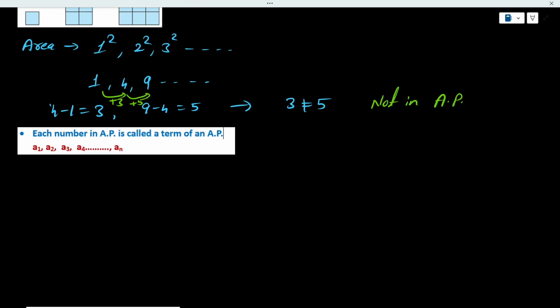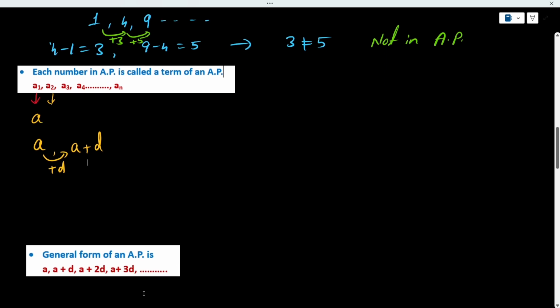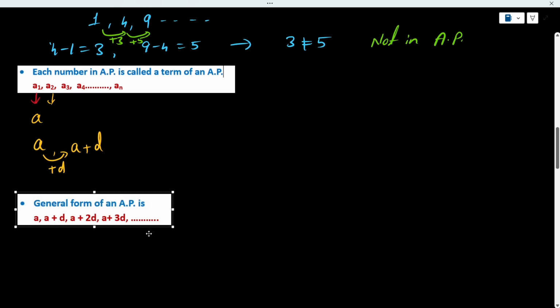Now each term in an AP we call A1, A2. A1 is called the first term. Sometimes we write it as A also. A2 is the second term, A3 the third term, A4 the fourth term, and so on. That means if I start with A and take the common difference as D, I'll get the next term as A plus D. Why is it written A plus D?